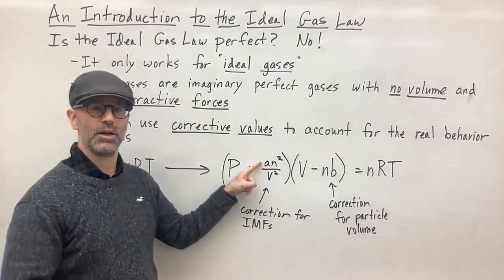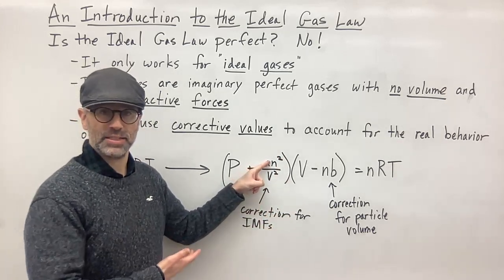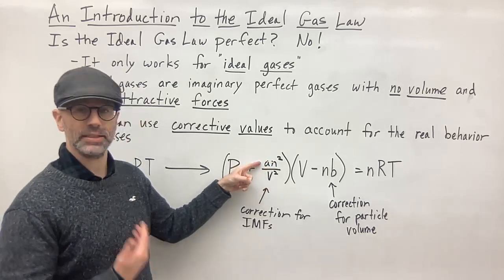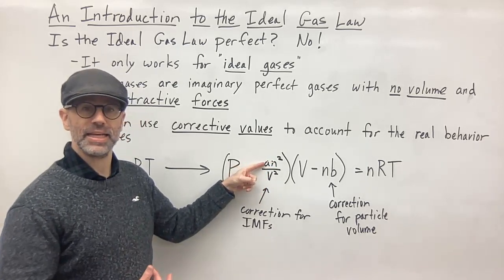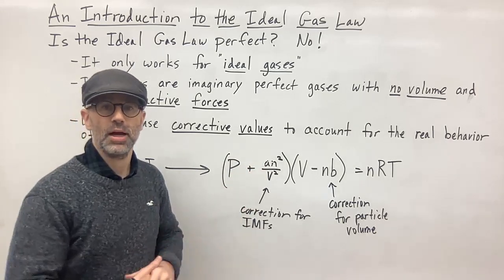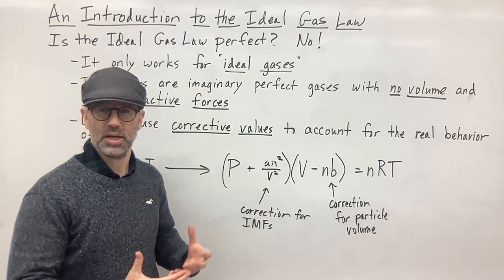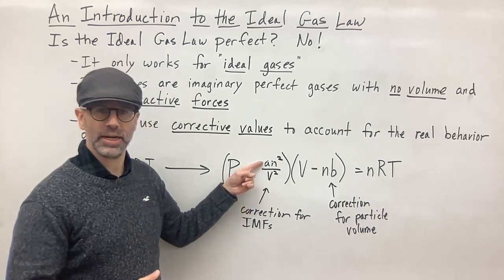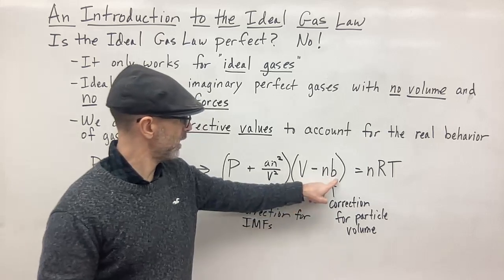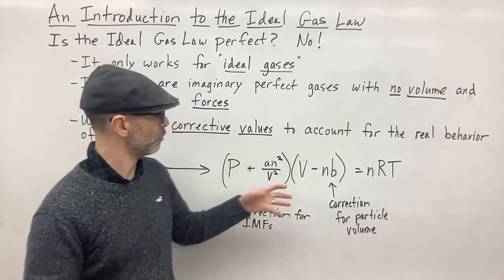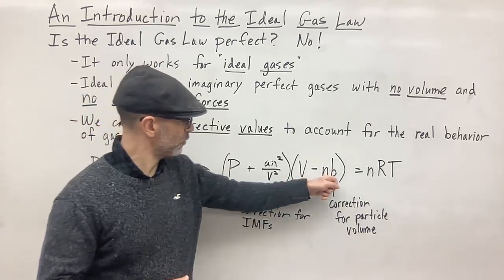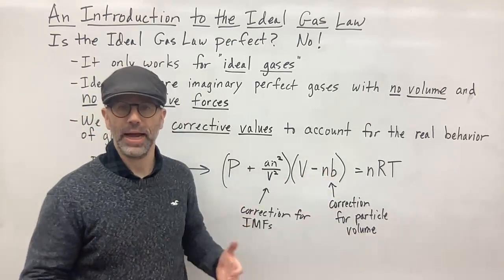Now this A here represents the van der Waals constant. The van der Waals constant A is related to the intermolecular forces of a particular substance, so it's going to be different depending on what gas you're looking at. And this B here is the correction for the volume of a particular particle, and that B value is also dependent upon what gas you have.